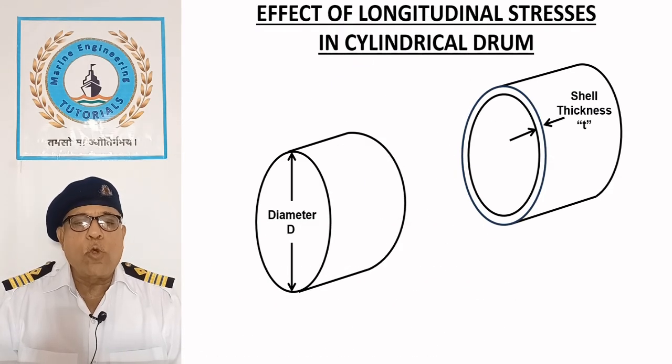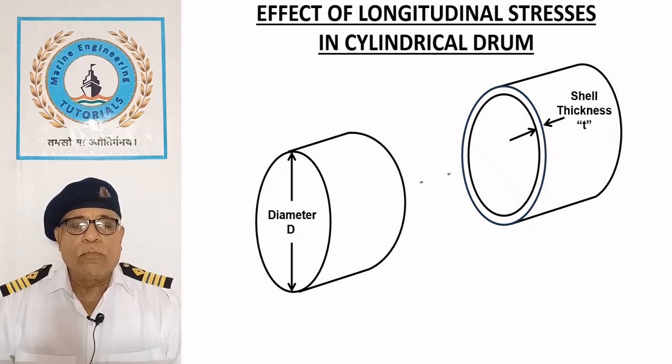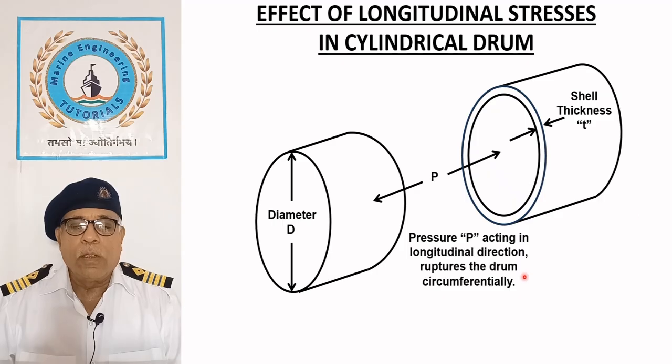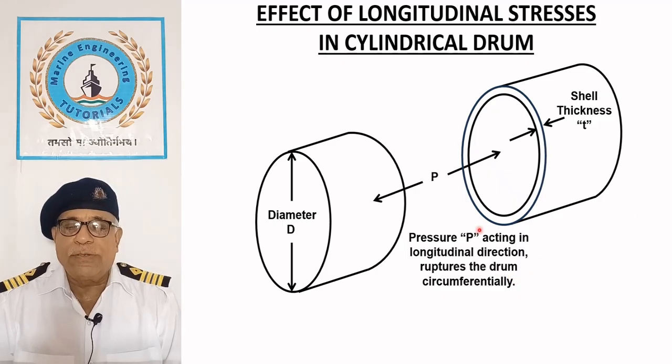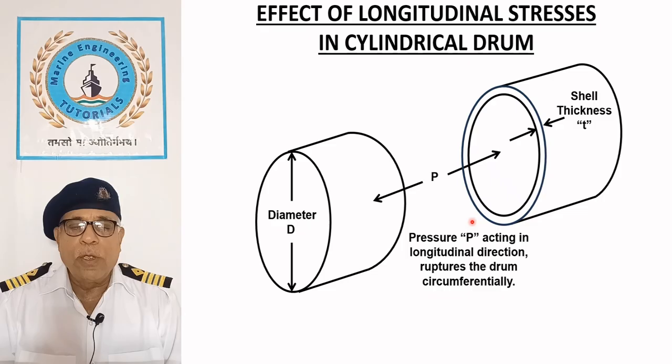Effect of longitudinal stresses in cylindrical drum. For the same boiler dimensions, this sketch shows how longitudinal stresses are set up in the boiler drum due to the force of the steam acting on the end covers.